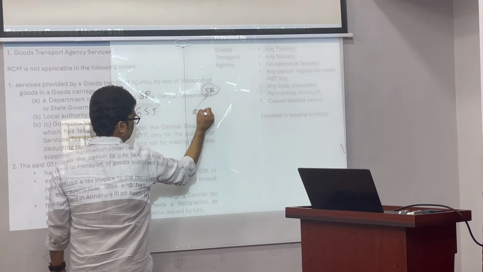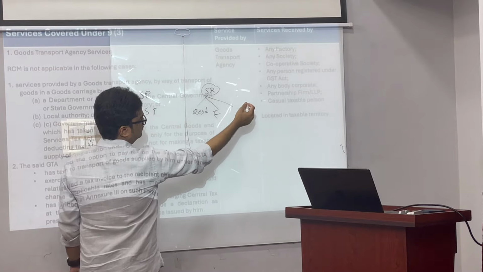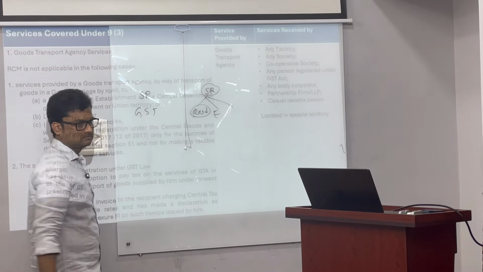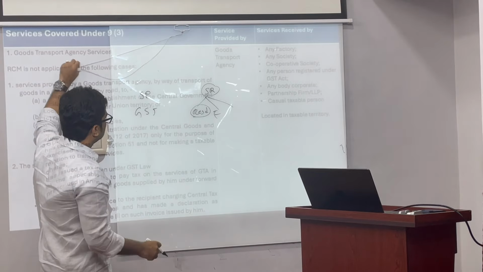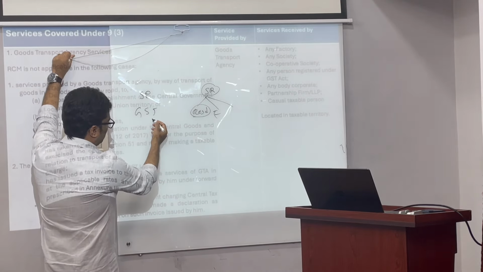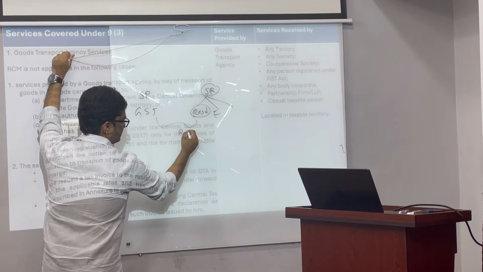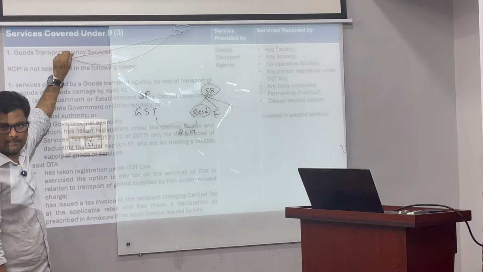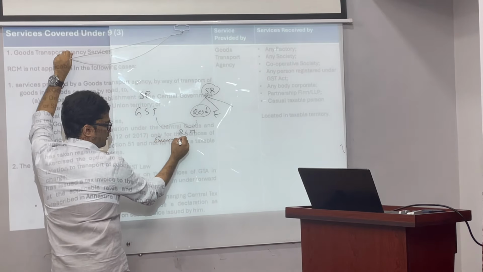You should be a registered person or a factory, whatever we discussed now. But this is important. Okay? And now, see, when you say there are exceptions, in this case, RCM is applicable. Correct? Now, exceptions. What are the exceptions?